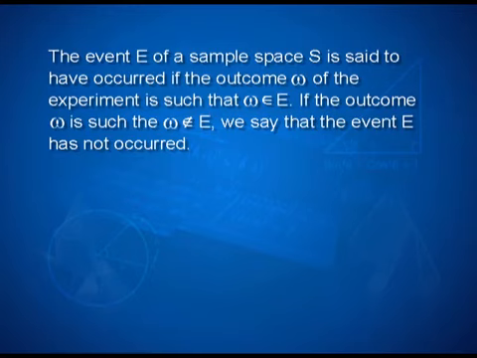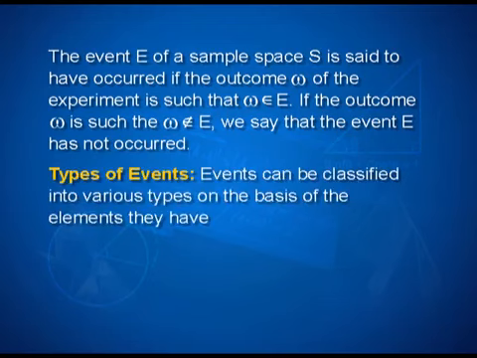Thus, the event E of the sample space S is said to have occurred if the outcome omega of the experiment is such that omega belongs to E. If the outcome omega is such that omega does not belong to E, we say that the event E has not occurred.